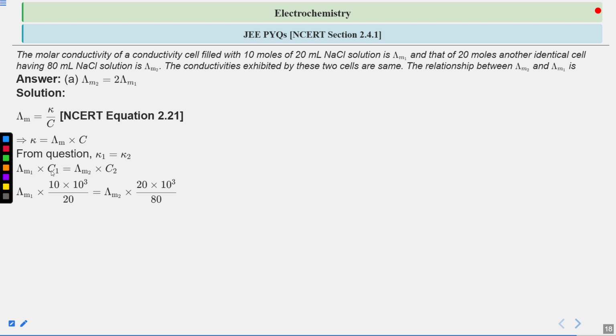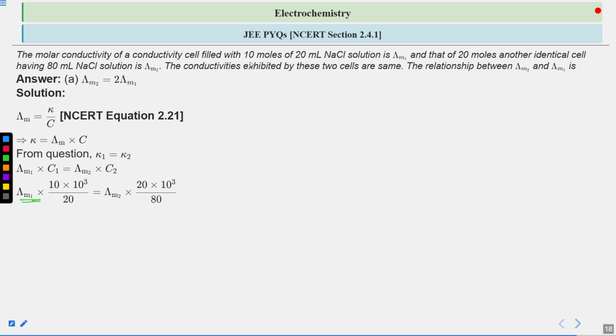Now, the concentration is basically the number of moles divided by the volume in liters. So lambda m1 multiplied by the concentration of the first cell, which is the number of moles divided by the volume in liters.